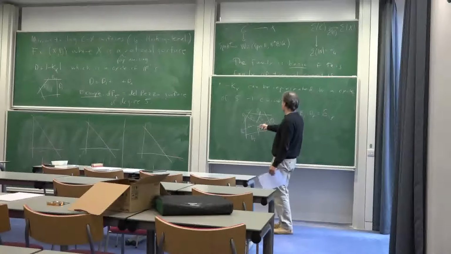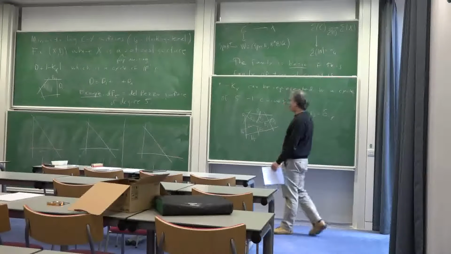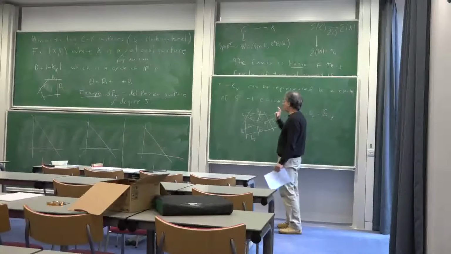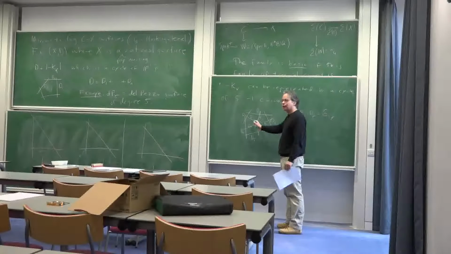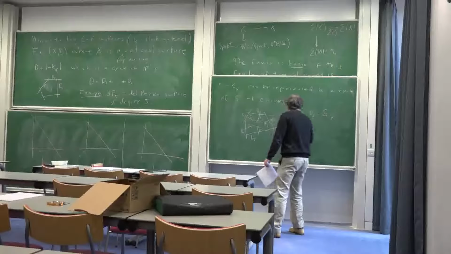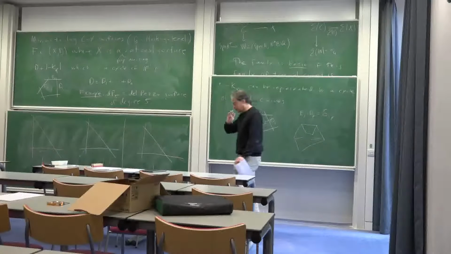The difficulty in drawing this picture is that the E_i intersect each other in some complicated way over here, so I'm not going to try to specify the precise intersection pattern, but if you make a graph with 10 vertices and draw an edge between 2 vertices if the corresponding minus 1 curves intersect, you'll get a famous graph called the Petersen graph. That's worth drawing if you've never seen it. I can't draw it. Look it up on Wikipedia.